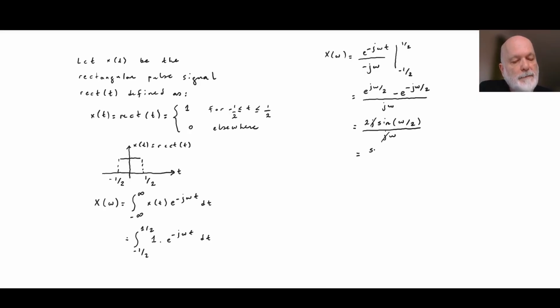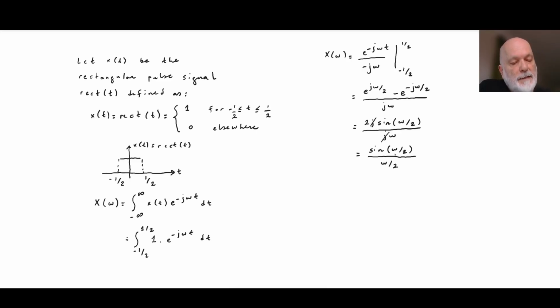We have sine omega over 2 divided by omega over 2. Okay, so this is the Fourier transform of the signal known as the rect signal, the rectangular pulse, which is equal to 1 for t between minus 1/2 and 1/2 and 0 otherwise. So we have X of omega given by this expression.